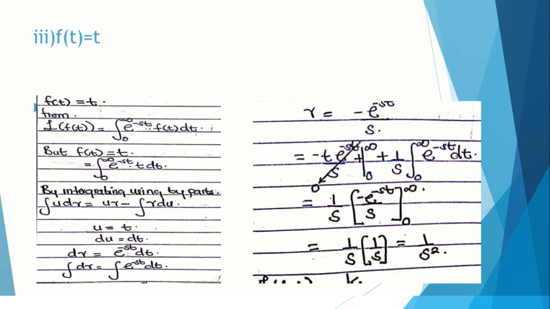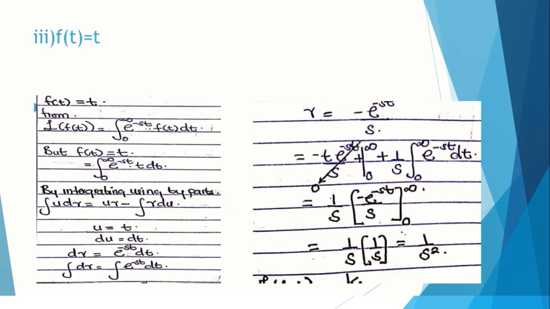By this time, the function has been changed from the time domain to the s domain. So the Laplace transform of our constant c is going to be given by c over s.